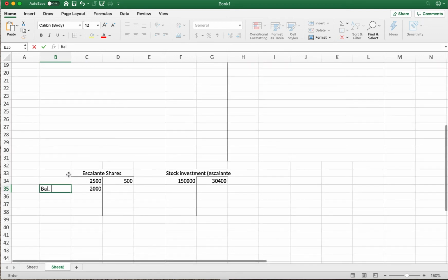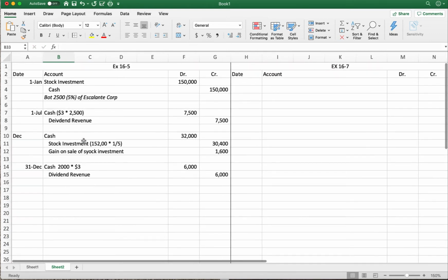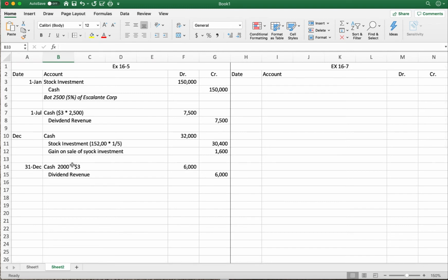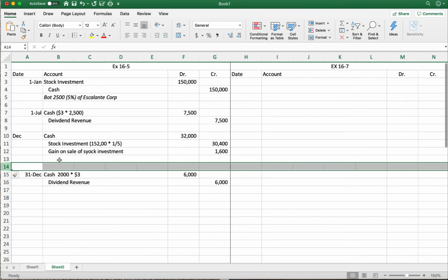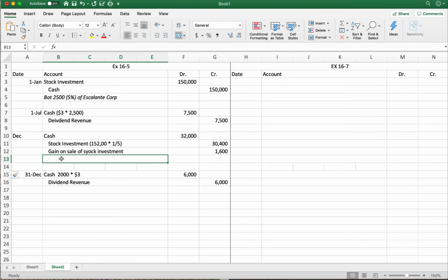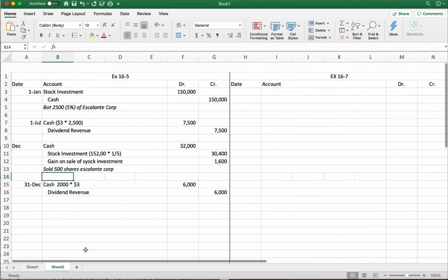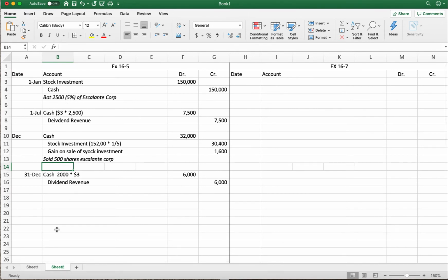Another thing we could have done, and that would help us to determine the number of shares, underneath the explanation, we could say sold 500 shares Escalante Corp. Okay, so that way we could just look and say, oh, okay, I bought some, sold some. However you want to keep track of it is fine.